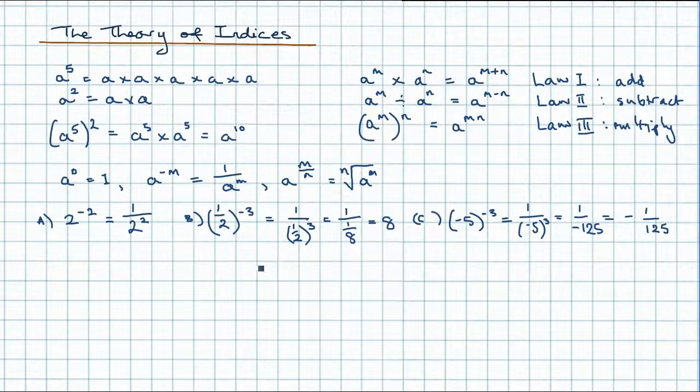Okay, let's do one final thing. What if we had something like 7 to the power of a fractional index? So let's look at these fractional indices now. But let's put that in the negative like this.